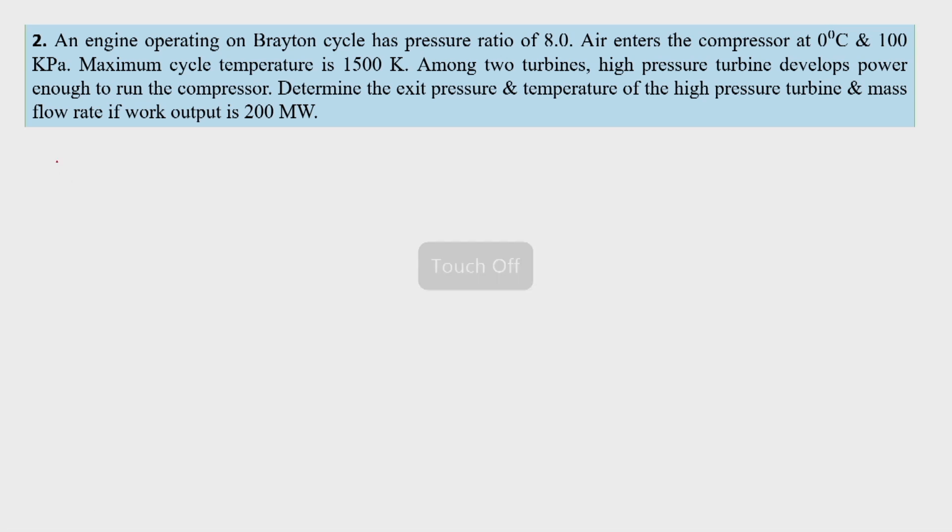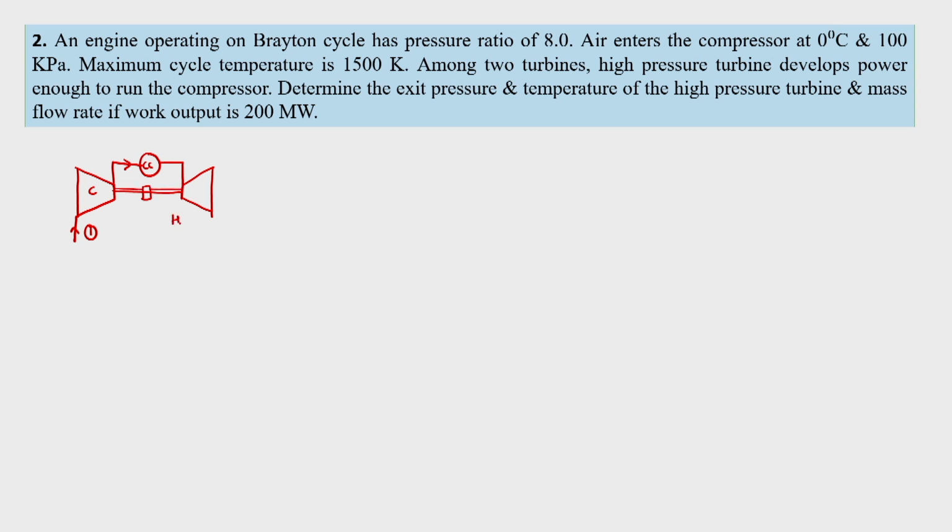Now this example says that there is a compressor which gets air at station 1, and then air goes to the combustion chamber. From the combustion chamber it goes to the turbine, and these two are connected to each other.